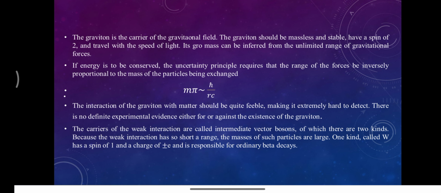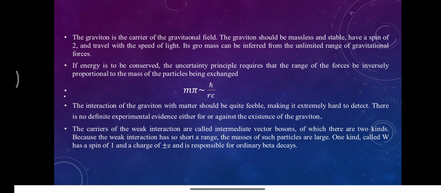From this equation, we can interpret that if energy needs to be conserved, the uncertainty principle requires that the range of force be inversely proportional to the mass of the particles exchanged. Hence, the gravitational interaction can have an infinitely long range only if the graviton mass is zero.